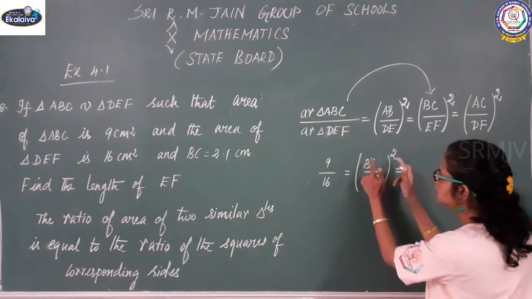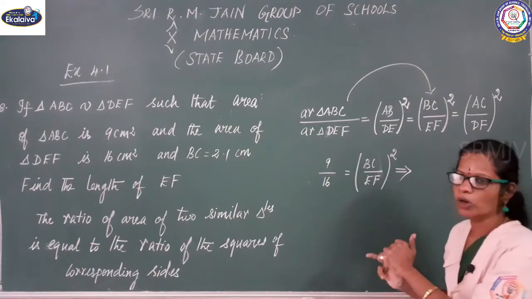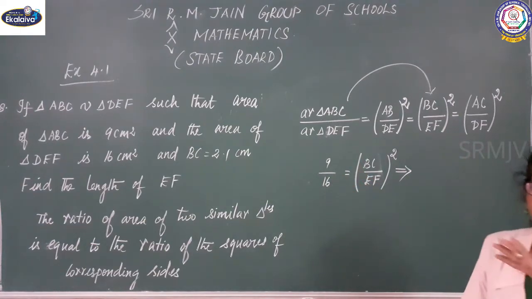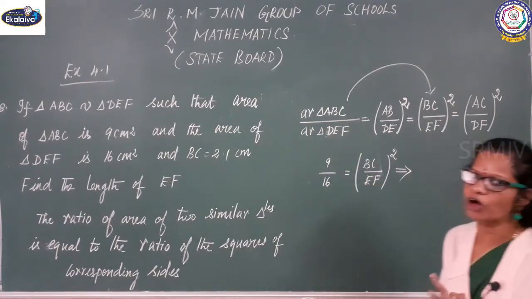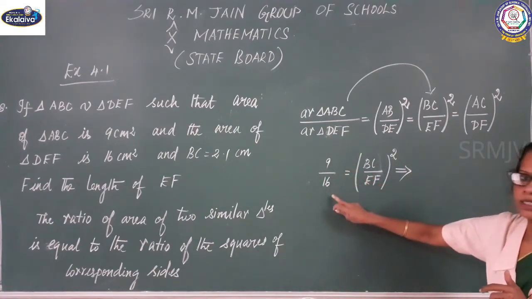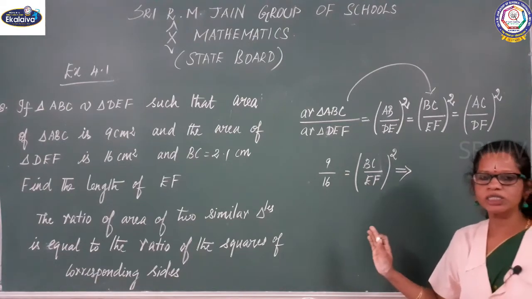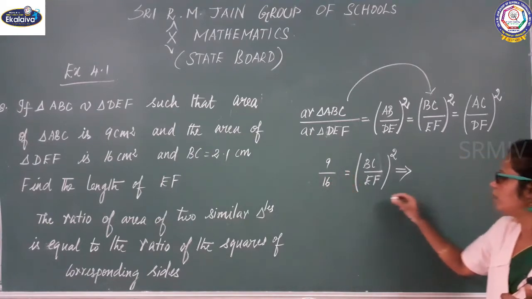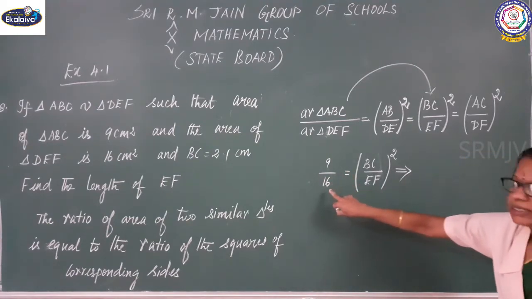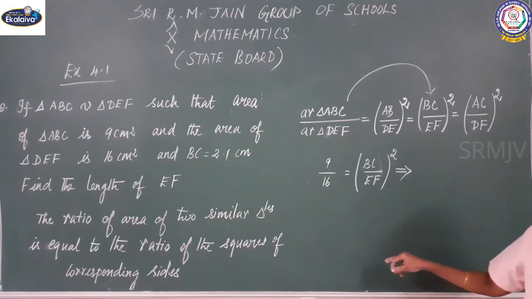Now the right hand side is in the square format, and the left hand side is in the fraction. I am going to convert that into the square format. If both the sides are square, you can equate easily. So 9 can be written as 3 square, 16 can be written as 4 square.